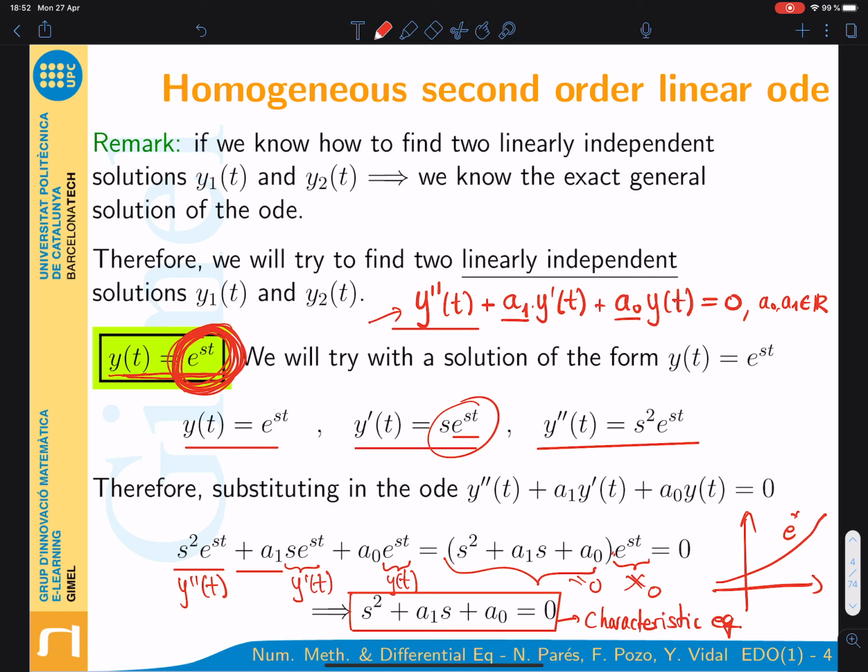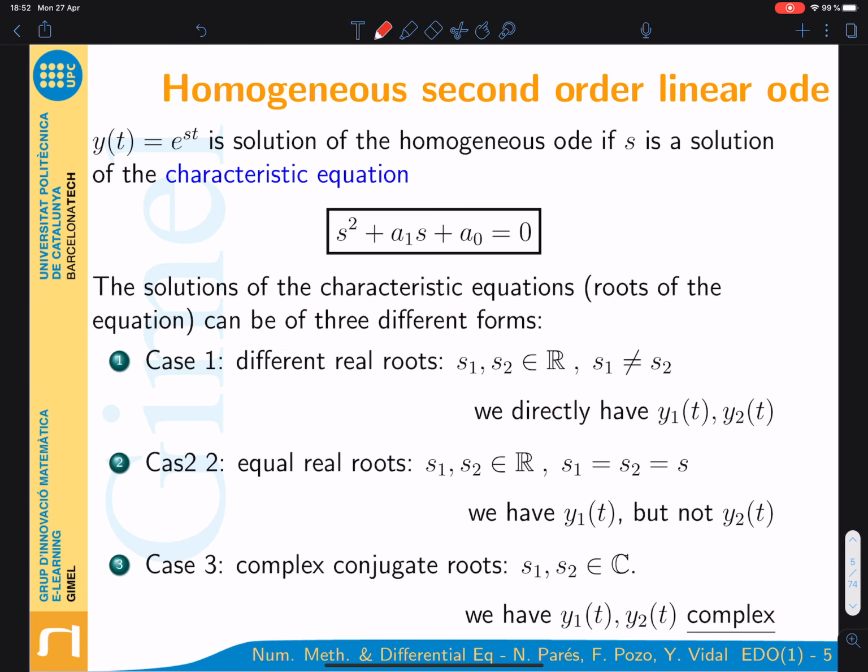Now, in order to find a particular solution of my ODE, it's going to be as simple as solving a second-degree equation, this characteristic equation. Wow, that's really easy. So, what we concluded now is this. The exponential of st is a particular solution of the ODE I'm interested in when s is obtained solving the characteristic equation, which is this equation we saw here.